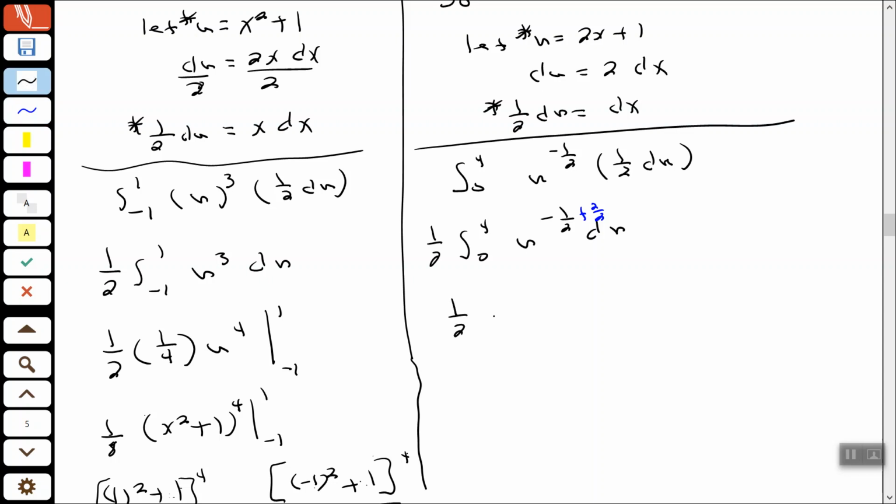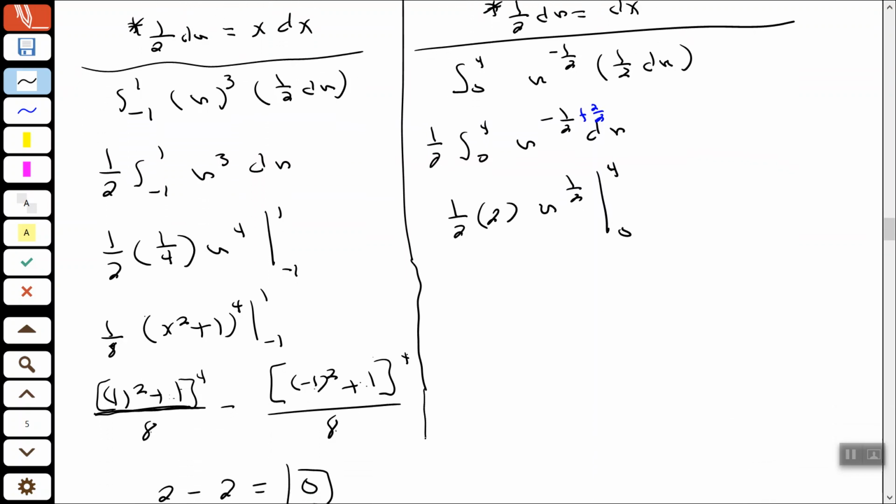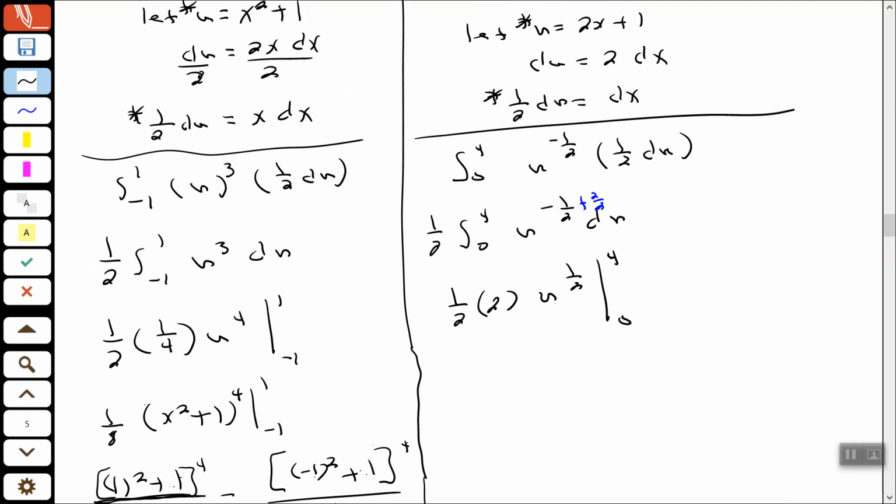So I have 1/2 times 2, and u to the 1/2, integrating from 0 to 4. 1/2 times 2 is simply 1. Let's rewrite the u in terms of x, and that's 2x plus 1.